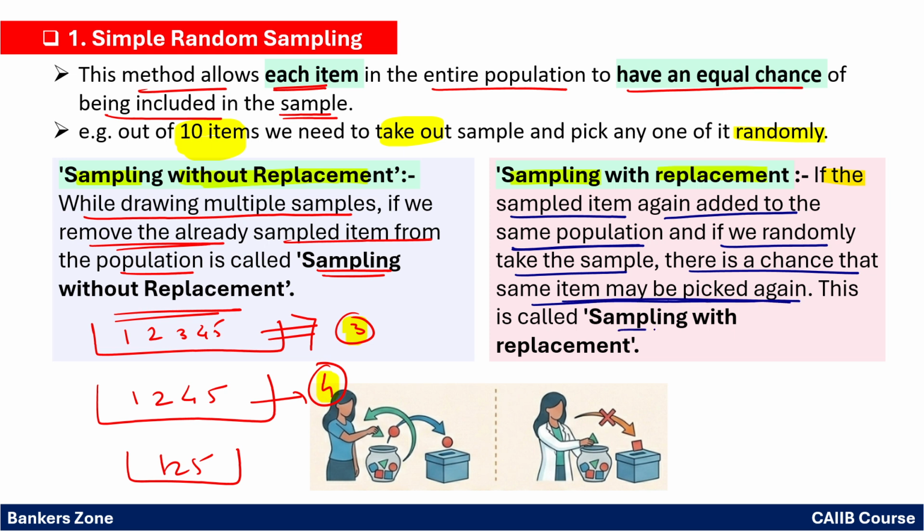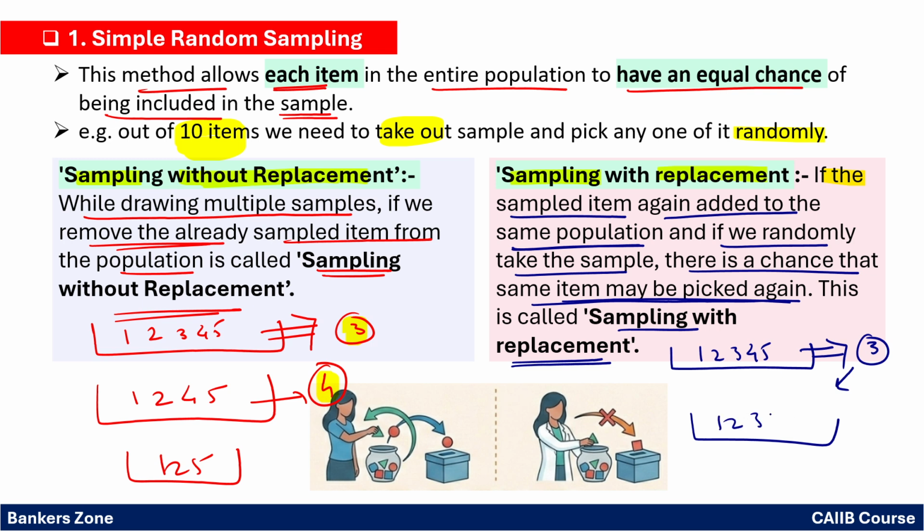For example, say we have the data 1, 2, 3, 4, 5 and we have chosen 3. While sampling again, we put that 3 back into the same basket, so next time we have the same data for sampling, and there is a chance that 3 can be selected again. We chose it, put it back in the basket, so it can be selected again. That is sampling with replacement. This is with replacement, this is without replacement.